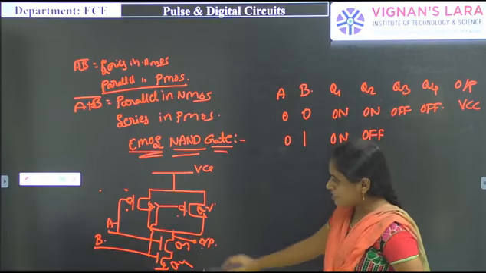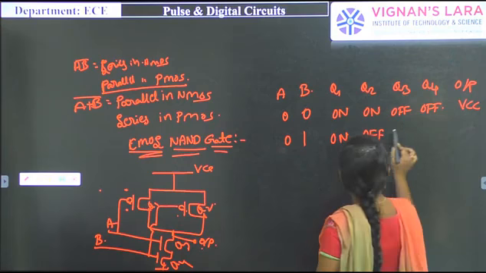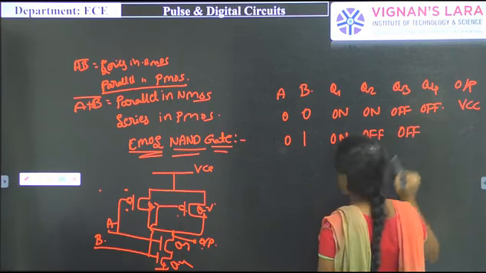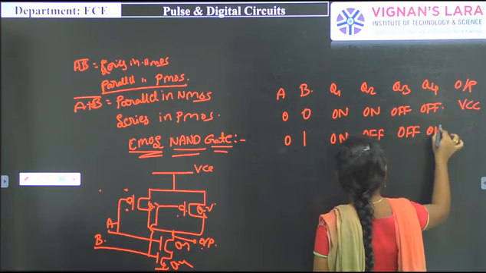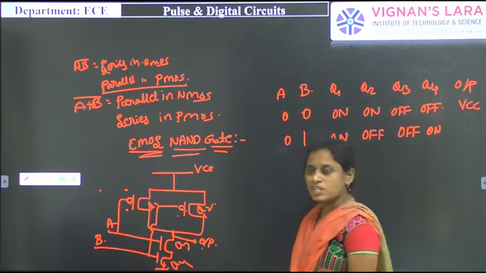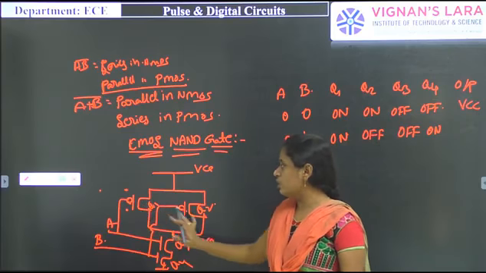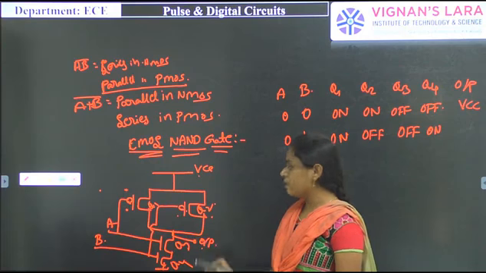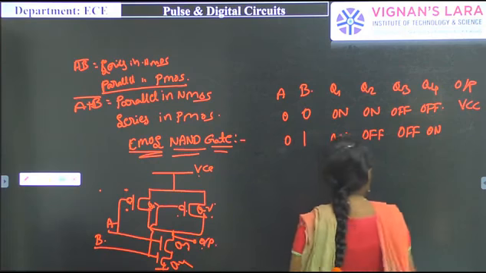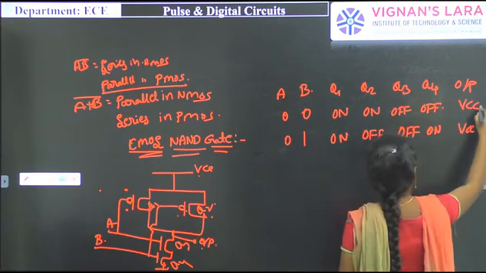And at the same time, what is the condition of Q3? Q3 is off, because we apply 0 volts to Q3 and 1 volt to Q4. That's why Q4 is in on condition. Any one of the transistor is on condition, either Q1 or Q2. Then the VCC signal will reach the output side. That's why the output will be VCC, which is simply logic 1.